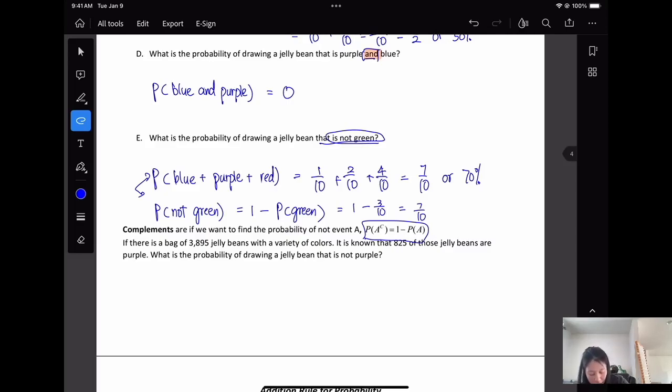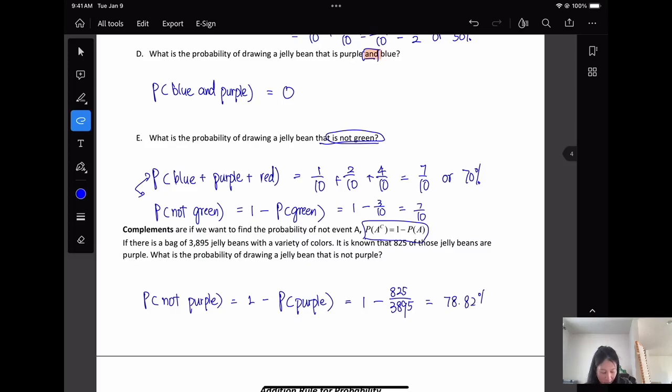The jelly bean could be any color but purple, so we can use 1 minus the probability that we draw a purple jelly bean, which is 1 minus 825 out of 3,895. This is equal to 78.82%. You can calculate that by yourself.